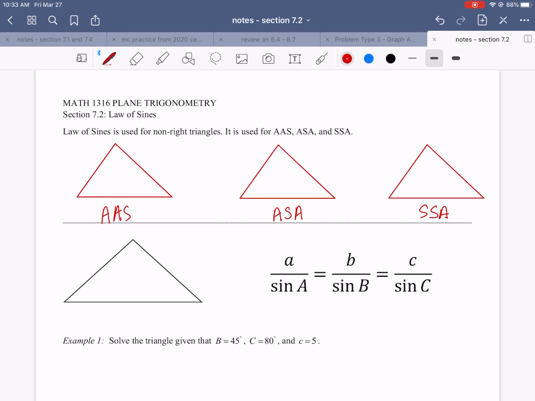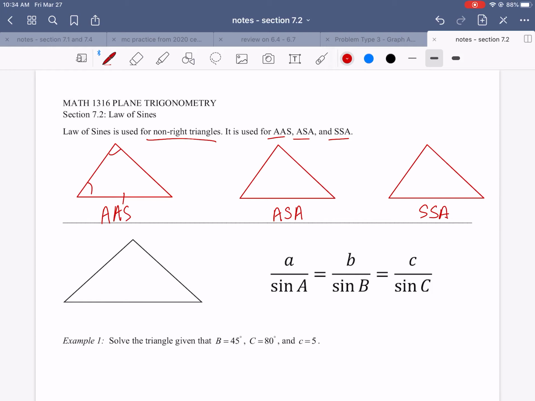First of all, law of sines is used for non-right triangles, and it is used for the following three situations of given information: angle, angle, side; angle, side, angle; and side, side, angle. So I've drawn three triangles here just to illustrate what those are. Angle, angle, side means that you are given two consecutive angles in the triangle and then the following side after it.